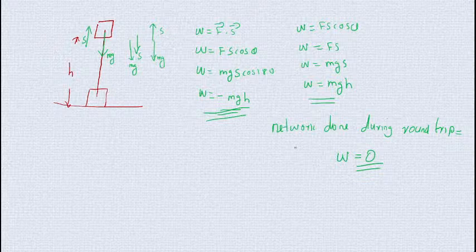So what is meant by conservative forces we have discussed now? Which are the 2 points we have discussed? One is the net work done during the round trip is equal to 0. Another one, it only depends on initial and final position, and these are the two main characteristics of conservative forces. I hope it is clear what is meant by conservative forces.